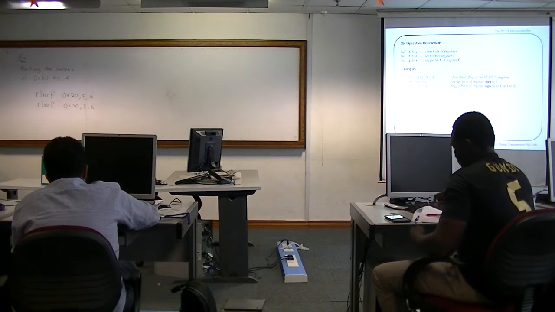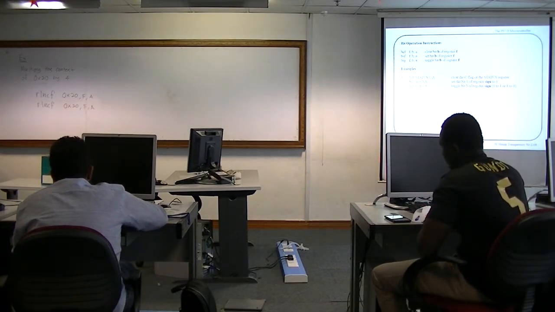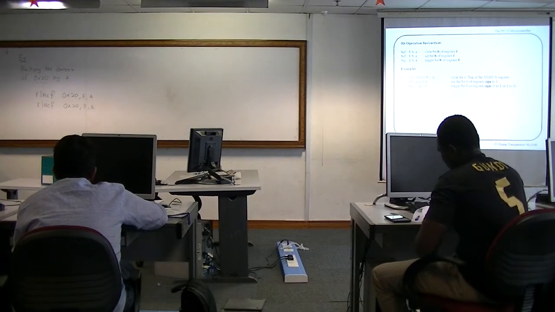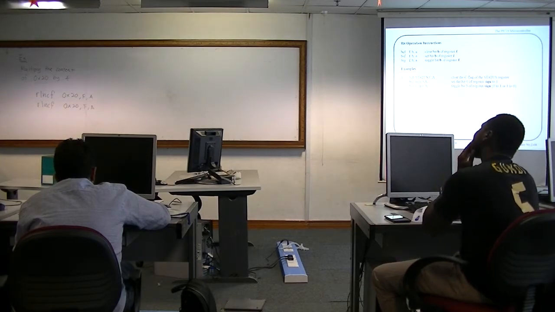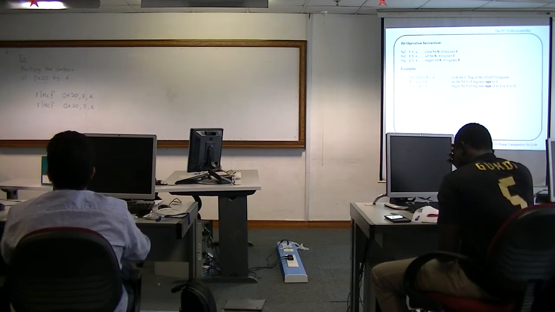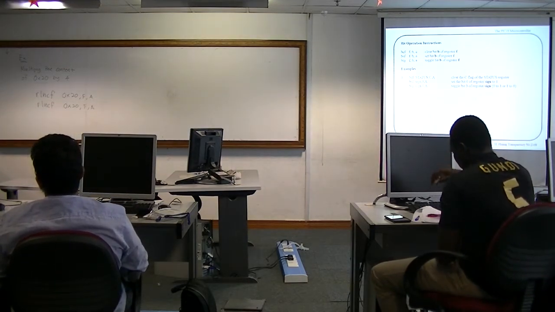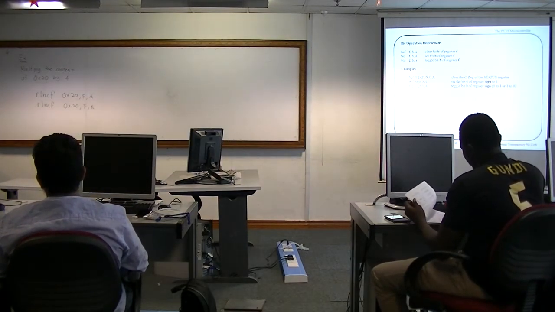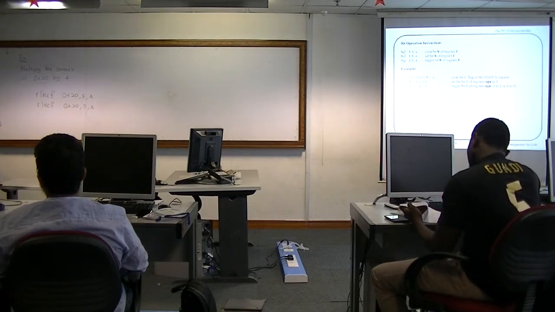So sometimes the question will ask you to multiply by 4, but some students tend to use multiplication, and then they get the wrong answer sometimes. If they ask you to do multiplication like this, by 4, 16, 8, 2, just use rotation. If they ask to multiply the content of a value with another register, then you use multiplication instruction. You understand? If they say multiply or divide the content by 2, 4, 8, 16, 32, something like that, you just use rotation.